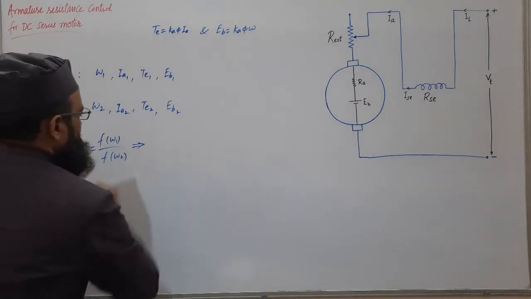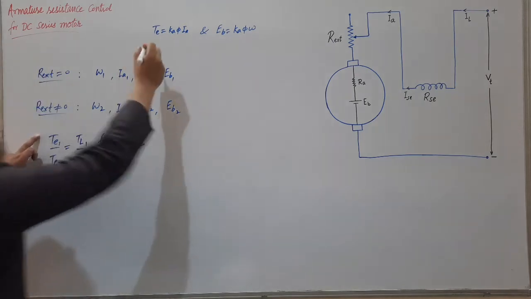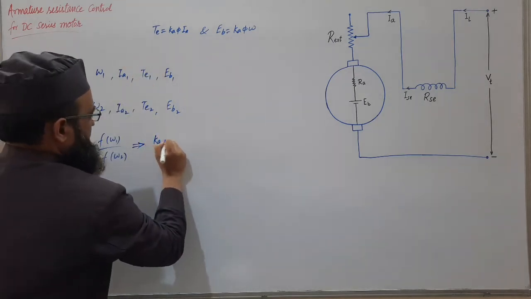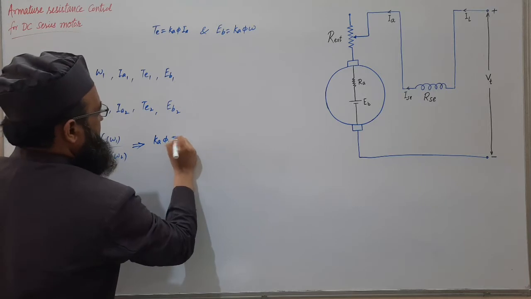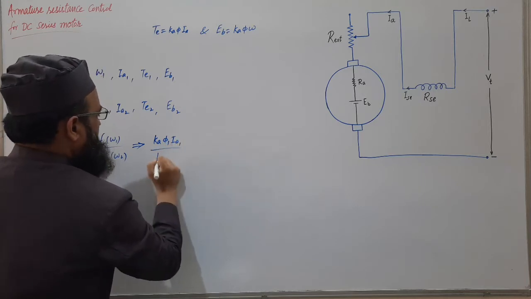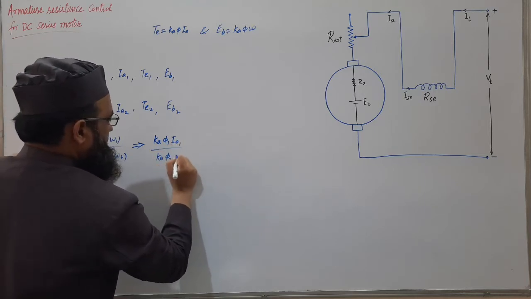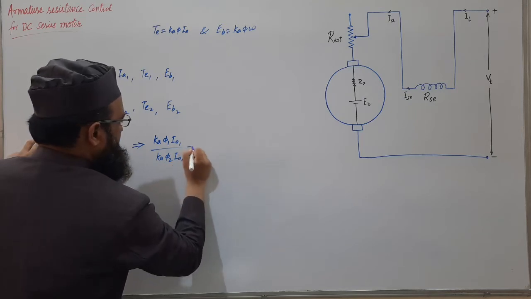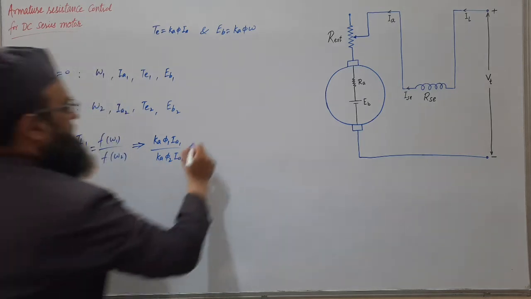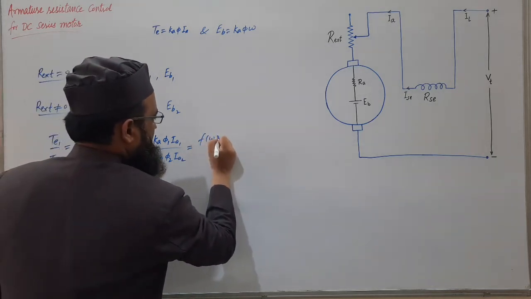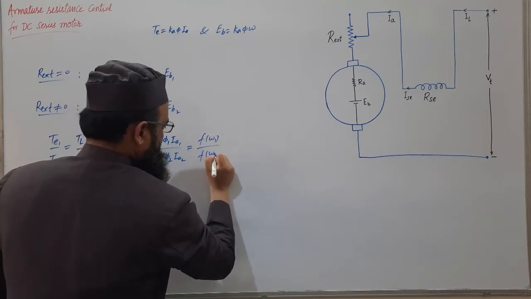This implies Te1, machine constant Ka times phi 1 Ia1 upon Ka phi 2 Ia2 is equal to F omega 1 upon F omega 2.